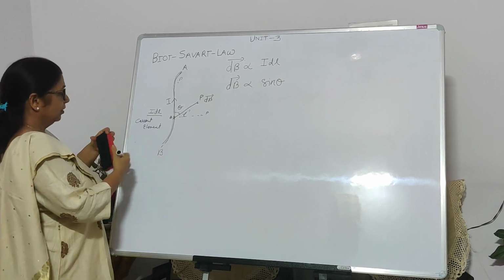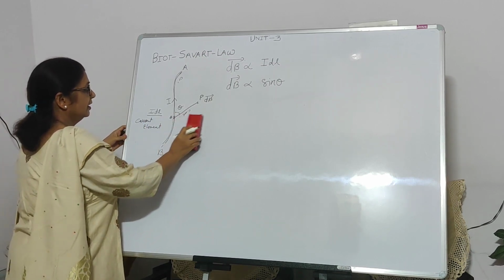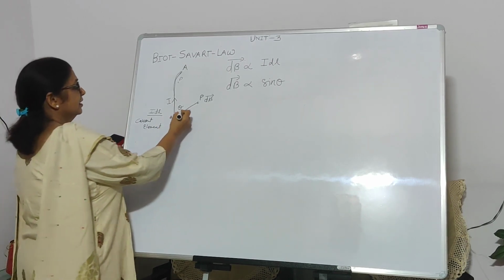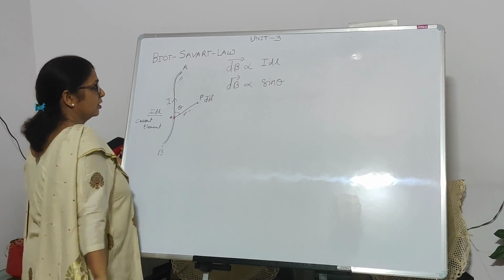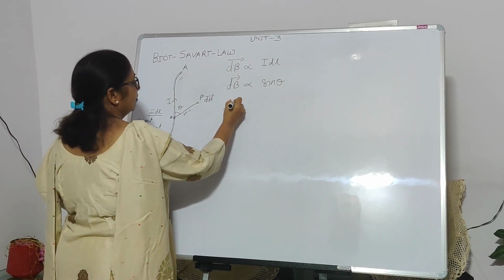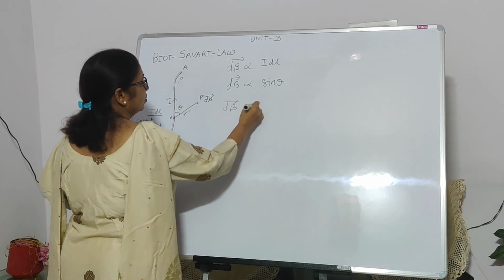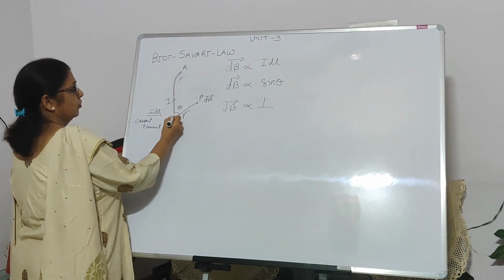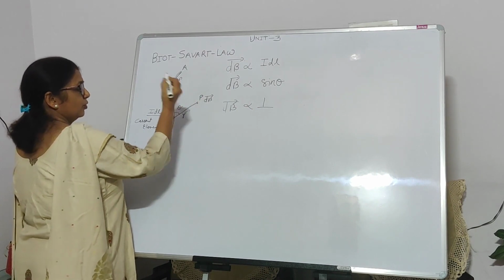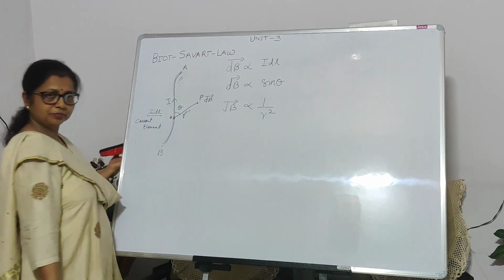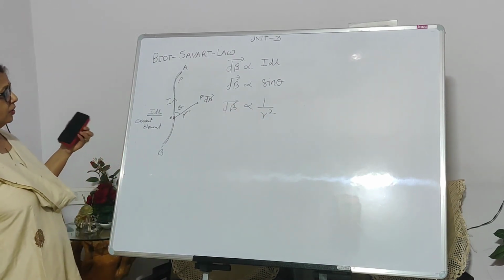The third thing he gave is just like Coulomb's inverse square law. It is inversely proportional to the square of the distance of dl from the observation point, that is r squared. So he gave three things.